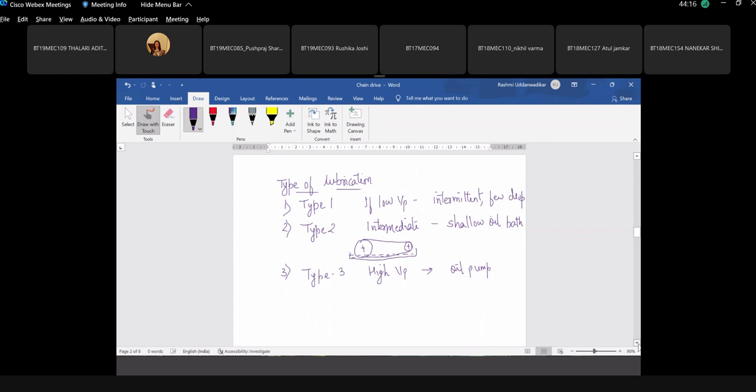Lubrication can increase the life by as much as 100 times, 200 times, 500 times. So proper lubrication is a must. This is the key to the success of the chain. Even if it is properly designed, if the lubrication is not good, then the life would go down. Life increases with proper lubrication.